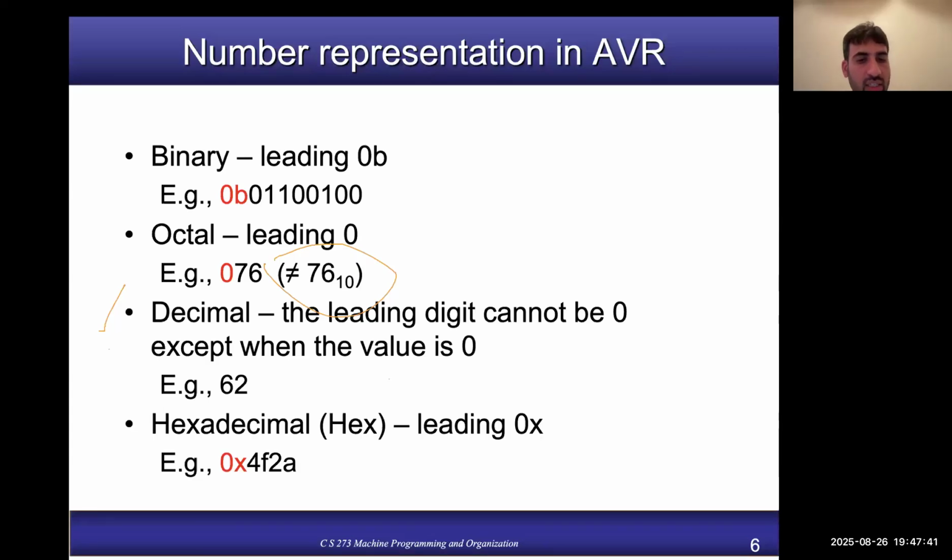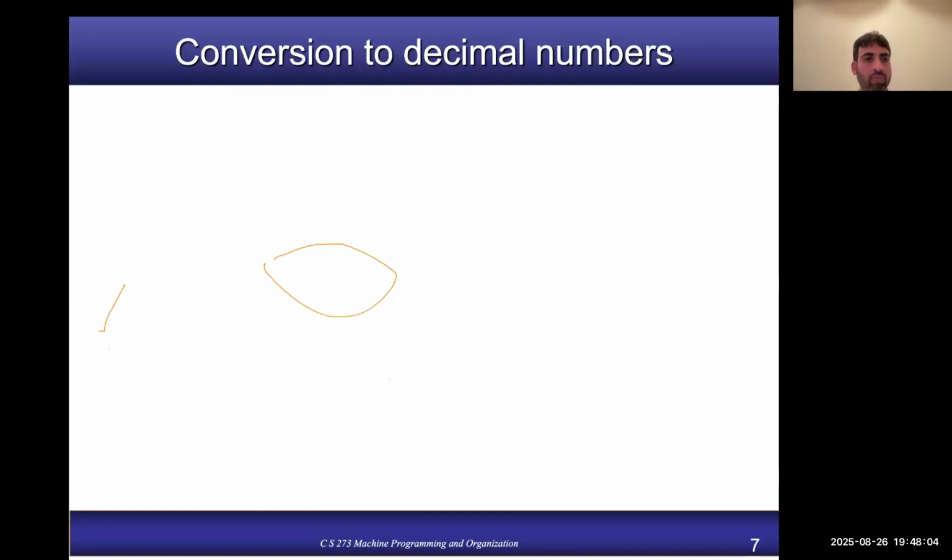And when it comes to hexadecimal, you need to put a leading 0x in front of it. It can be a small x or capital X, it doesn't matter, like for example 0x4f2a, as shown in the example. So you are telling the assembler to treat this number as a hexadecimal number. Okay.